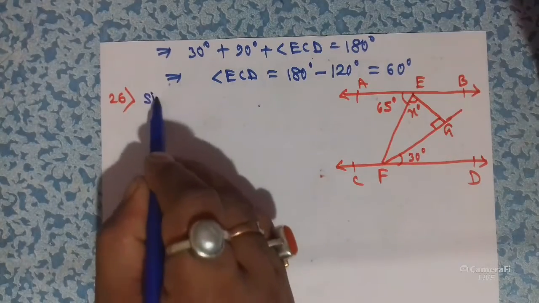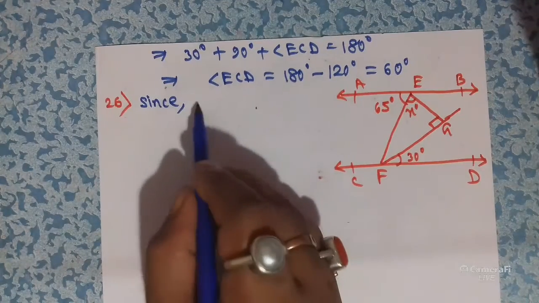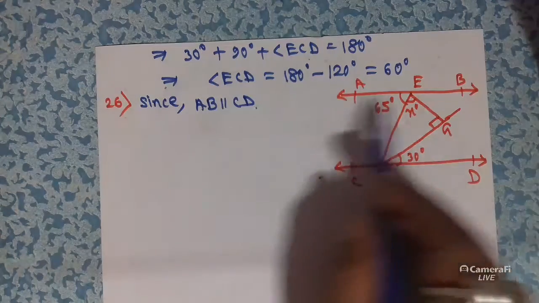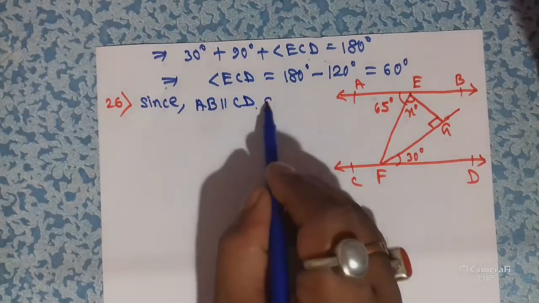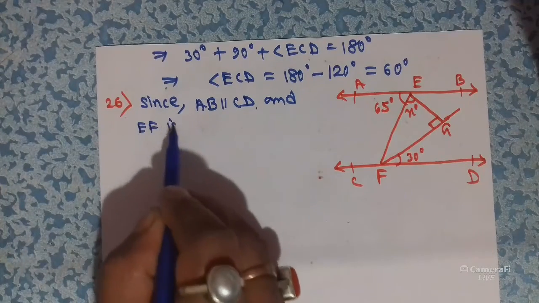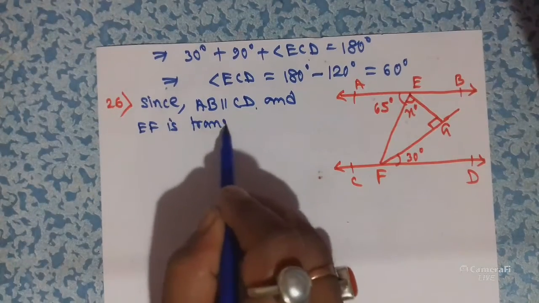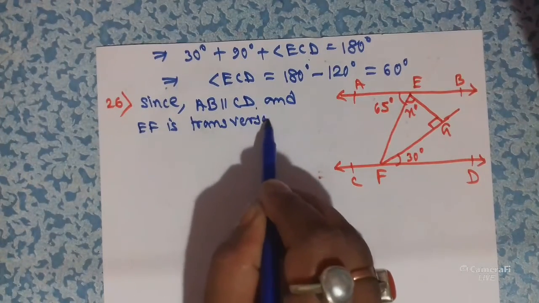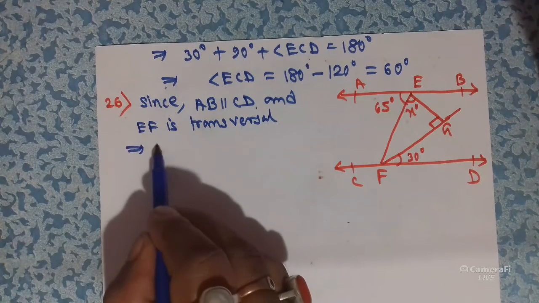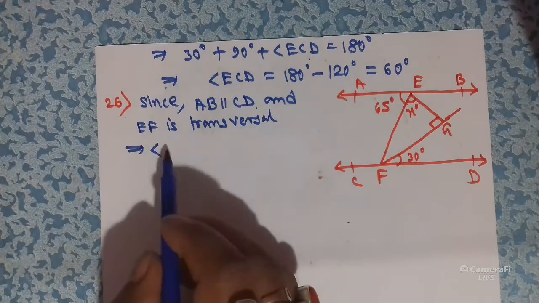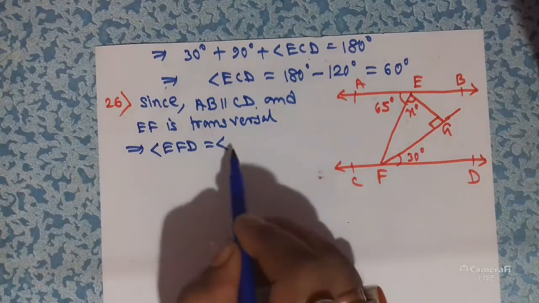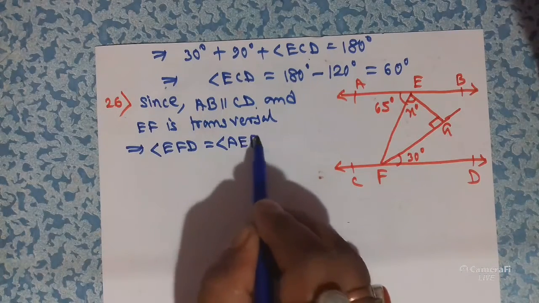So since AB parallel to CD and EF is transversal, this implies angle EFD is equals to angle AEF.